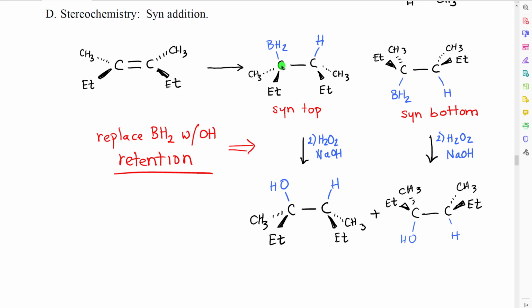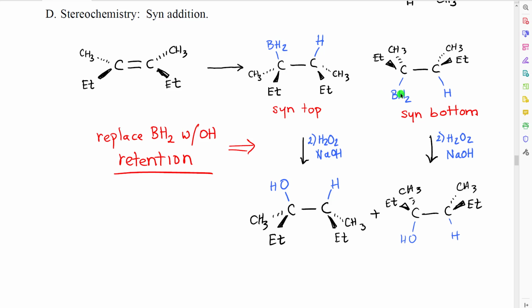So if we look at this molecule, for example, the boron is here attached to what used to be the top face. When we replace it, the OH will be attached in the exact same location as the boron, so that the OH and the H are still effectively syn. They're still effectively attached to what used to be the top face of the molecule.